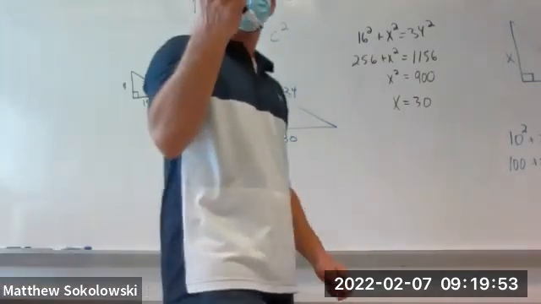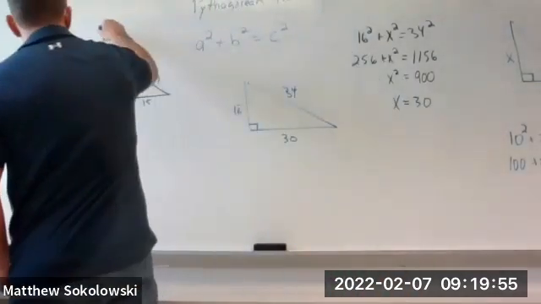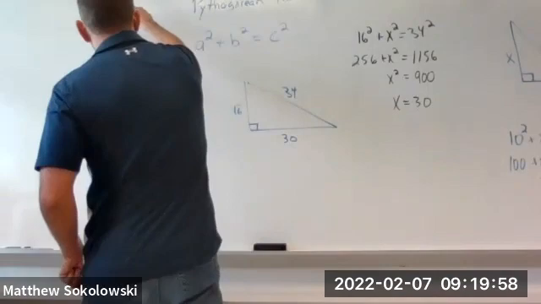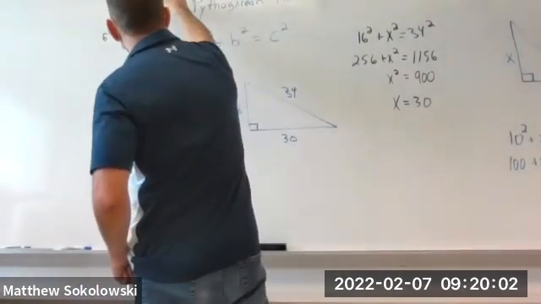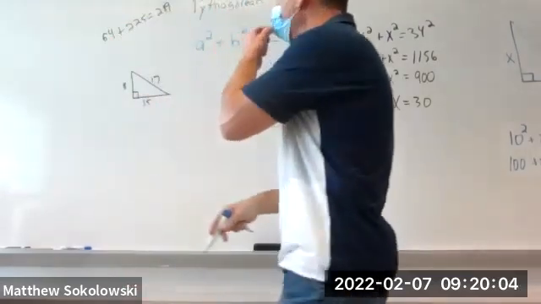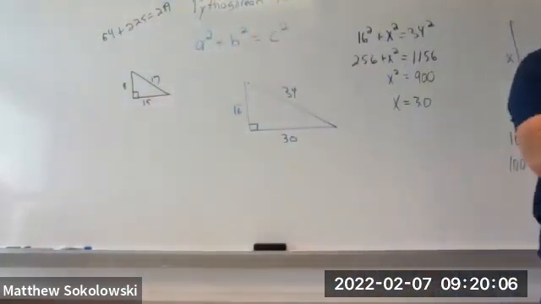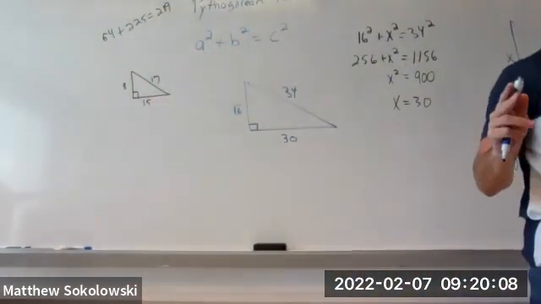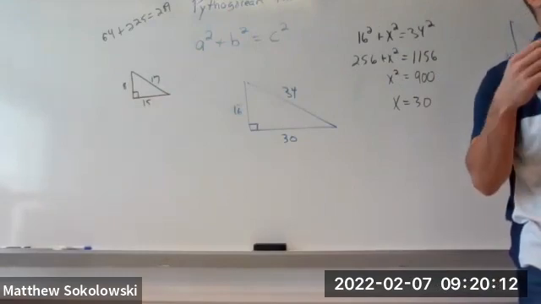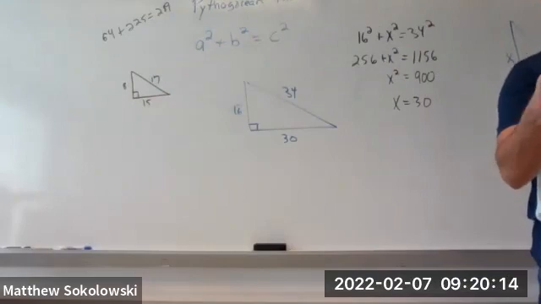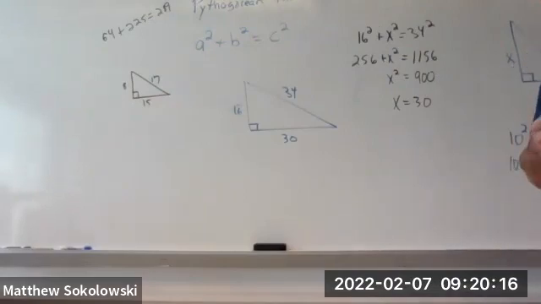8 squared is 64. 15 squared is 225. And 17 squared is 289. 289, 289. That's always going to be the case in a right triangle. Well, similar triangles are going to have the same thing. The Pythagorean theorem will still work.